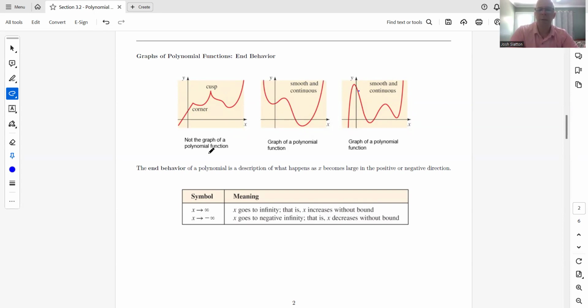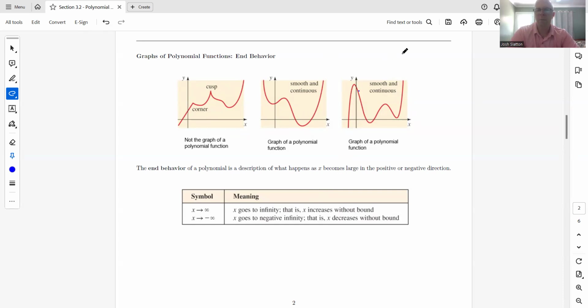The end behavior of a polynomial describes what happens as x becomes very large in the positive or negative direction. So basically, as x goes to positive infinity or negative infinity. Polynomial graphs will always go either up to positive infinity, or down to negative infinity. It's always going to do one or the other.